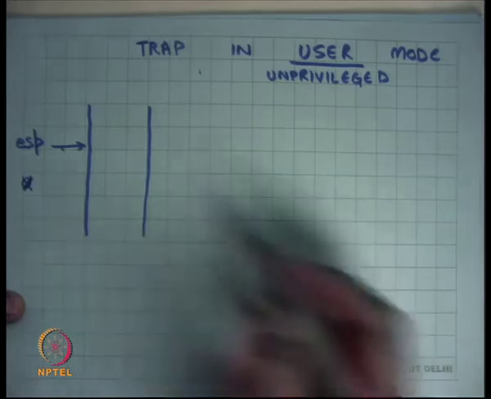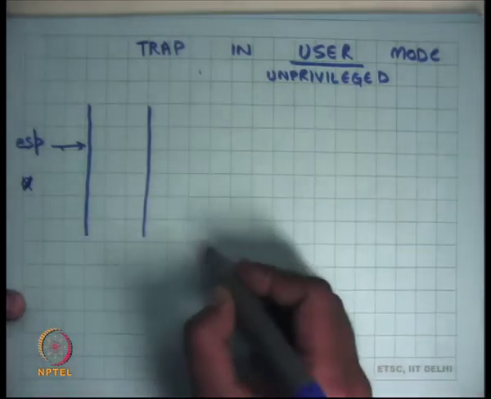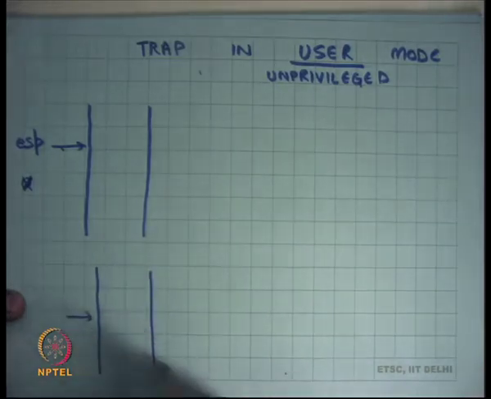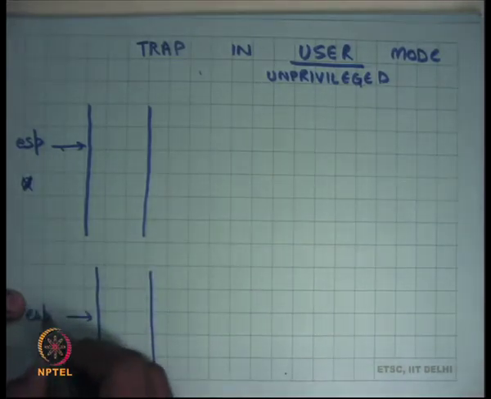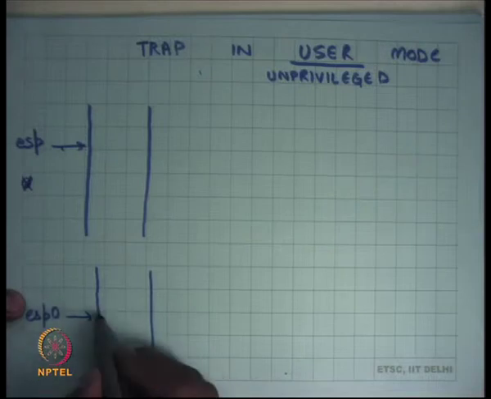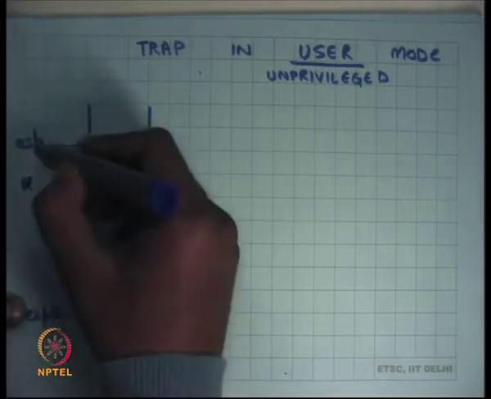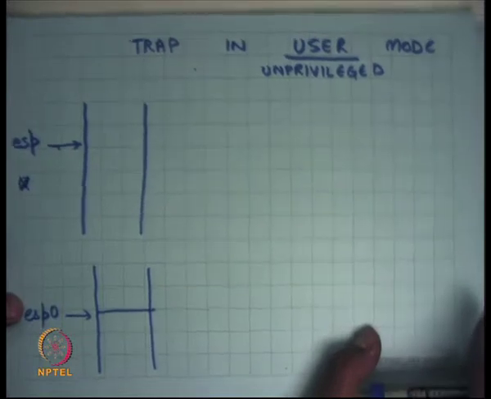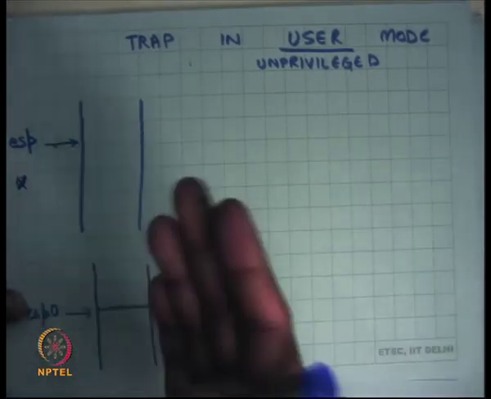So what happens is, on a trap, it actually switches to another stack, and that stack is, let's say, ESP0, and then on that stack it's going to start pushing things, right? Notice that because I'm modifying more registers now, unlike the previous case where I was just modifying CS and EIP, I'm now also modifying ESP.